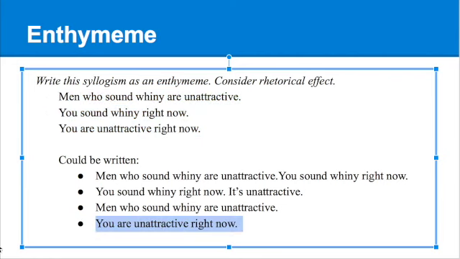Okay? So these are just various examples of how deductive logic works in real world situations in the form of enthymemes. And now I just want to wrap up this lesson by pointing out the difference between two ways of talking about how an argument can be right or wrong.